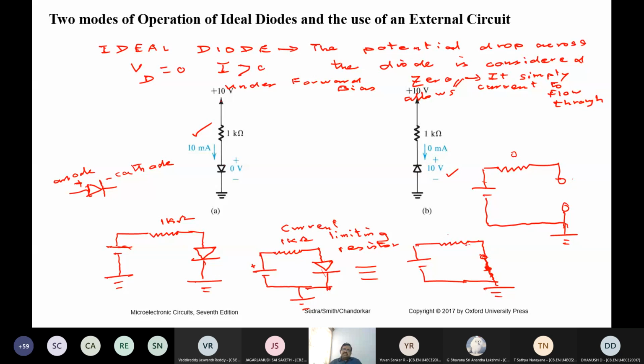In this case, when it is open, all of the voltage will appear across the diode. So under reverse bias, we are limiting the reverse bias voltage, but under forward bias, we are limiting the forward current that flows through the diode with a resistor. Does that make sense?